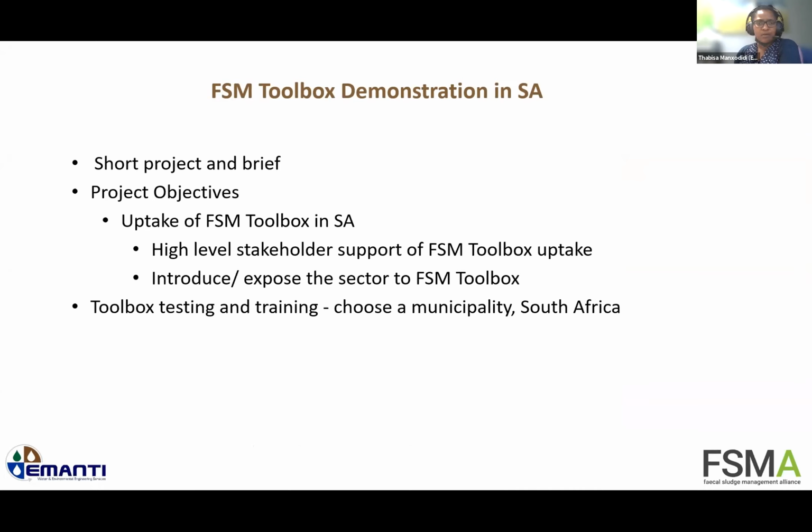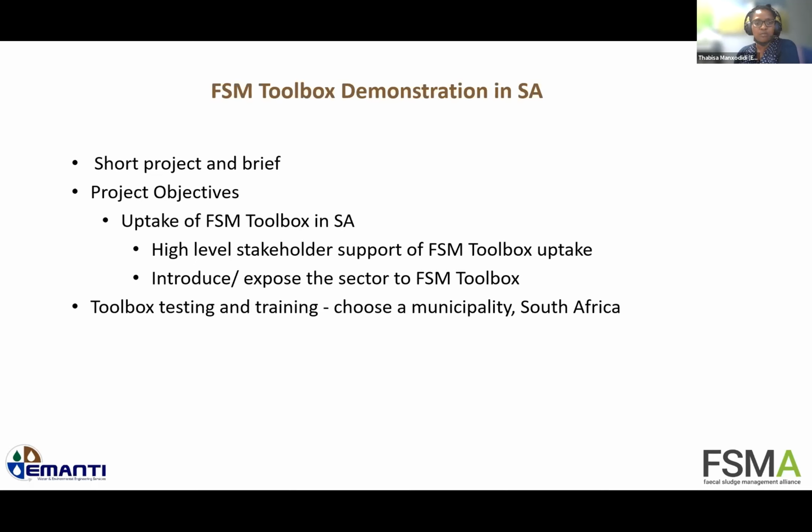As I said, the project was a very short project and brief, just to take the tool to the country and see how it goes, and then look at the way forward. The objectives were to uptake the FSM Toolbox in South Africa, looking at high-level stakeholder support, which I've mentioned, because we've got the Department of Water and Sanitation and other people involved at a high level, especially when it comes to sanitation, because they have a high interest in making sure we've got better sanitation.